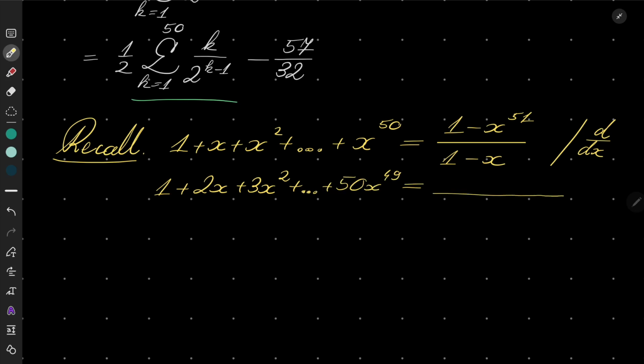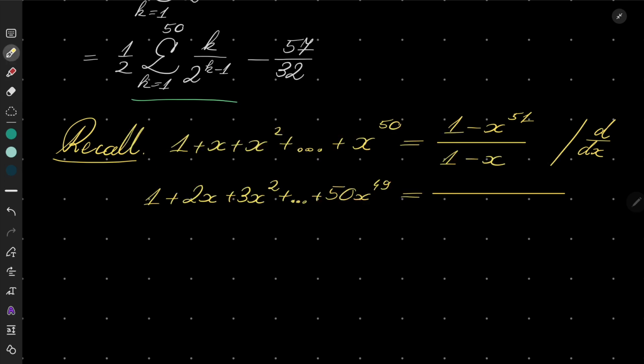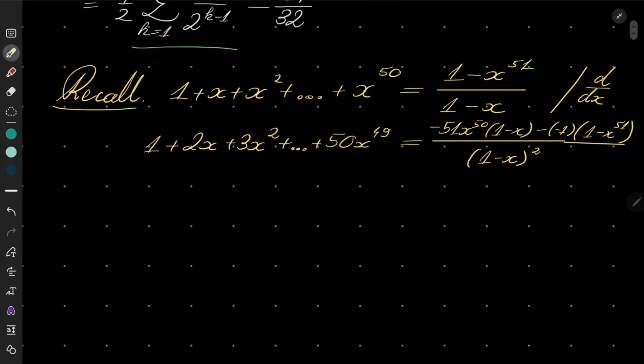And on the right hand side, we have to differentiate the quotient. We will have (1 minus x) squared in the denominator, and the numerator is minus 51 x to the power of 50 times (1 minus x), minus the derivative of the denominator, which is minus 1, times (1 minus x to the power 51). Now let's write the left hand side in sigma notation.